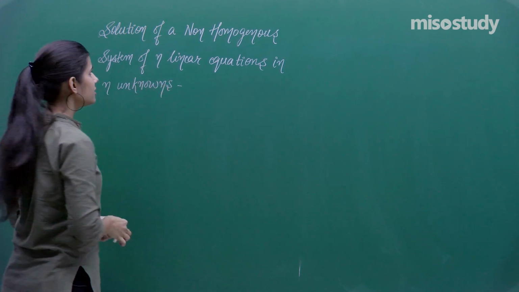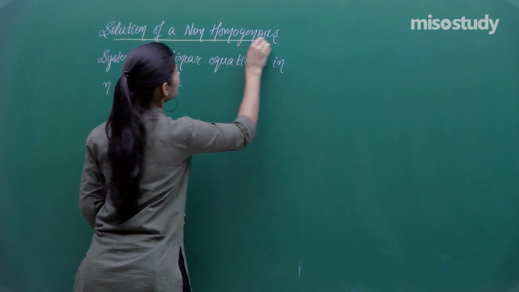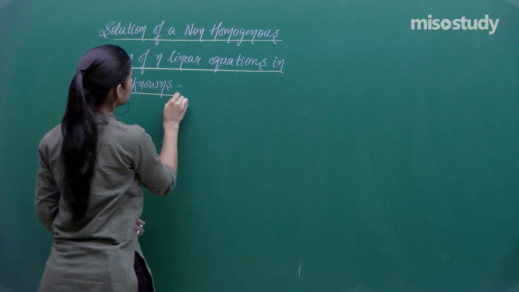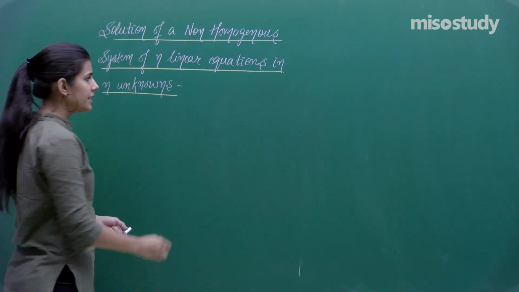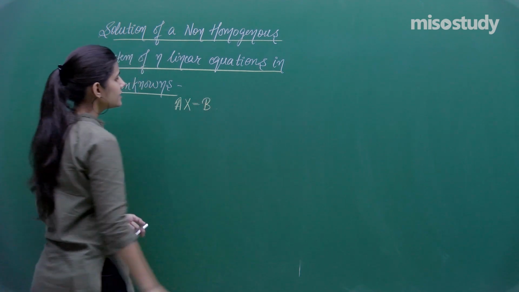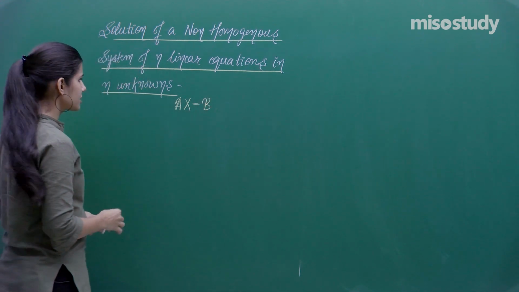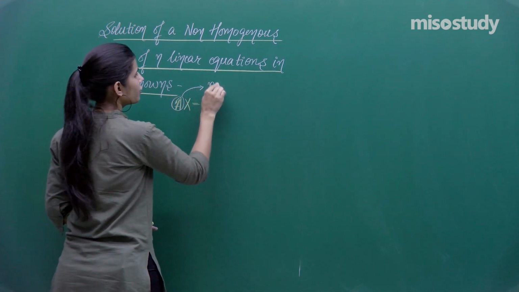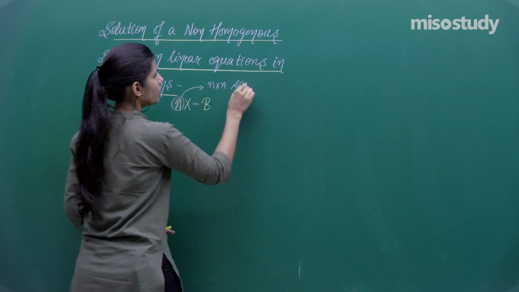What was the technique? The technique first of all was that whenever you have any non-homogeneous system of n linear equations in n unknowns, that particular system can always be expressed as Ax equals B, where A is an n cross n square matrix. So your A is n cross n square matrix.